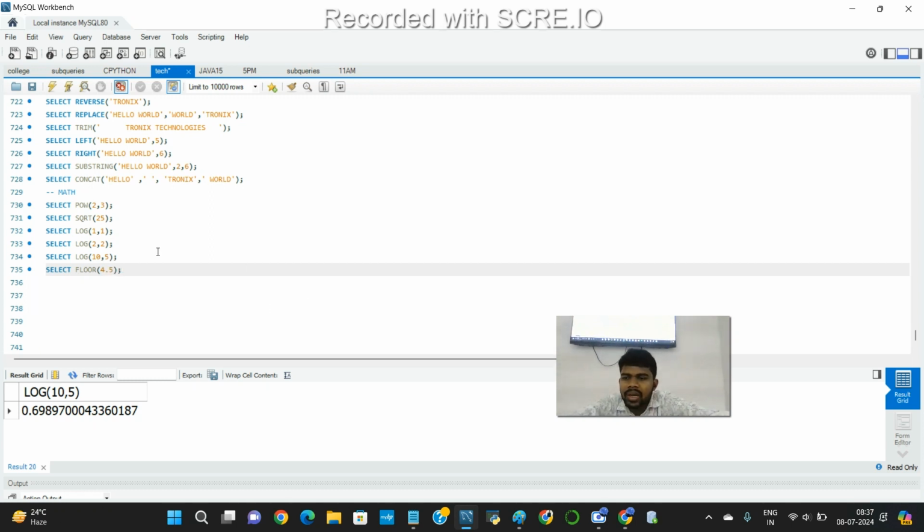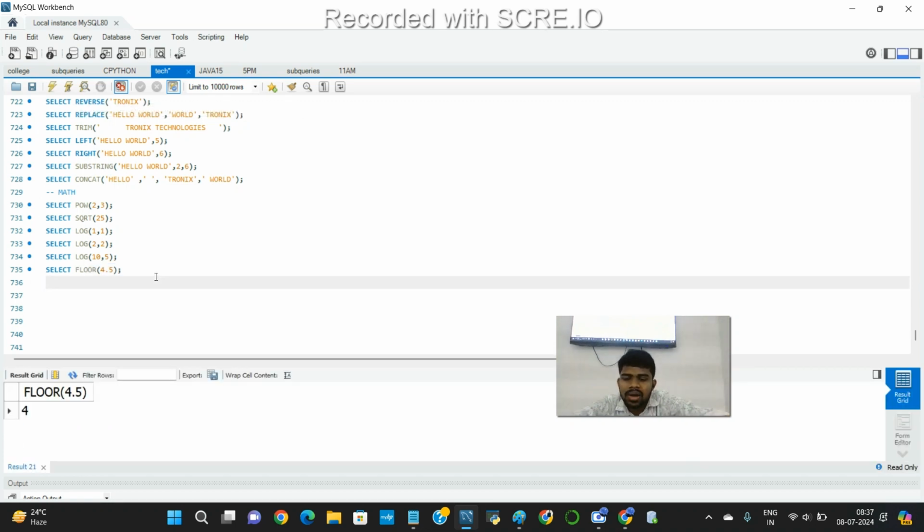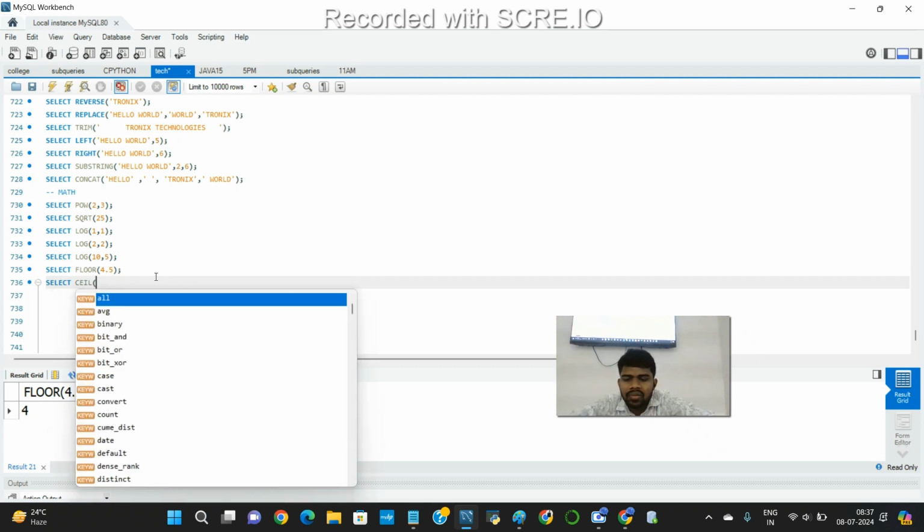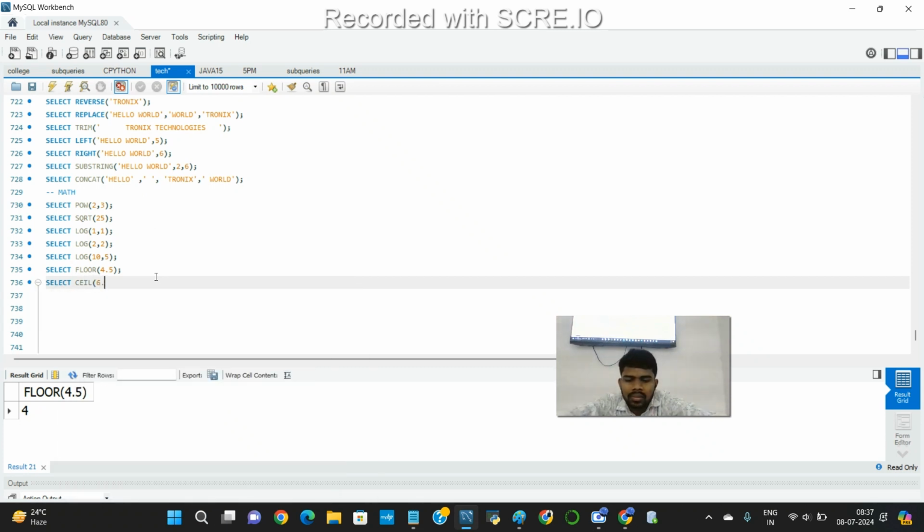Floor returns 4, because the integer less than 4.5 is 4. What is the purpose of ceil? Ceil of 6.7 refers to the next integer after the given decimal, so the answer is 7.